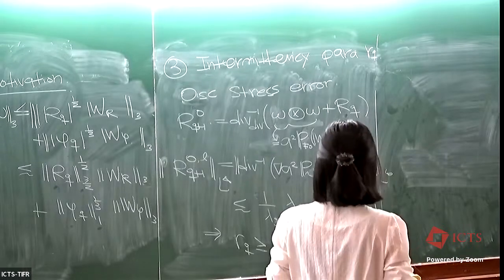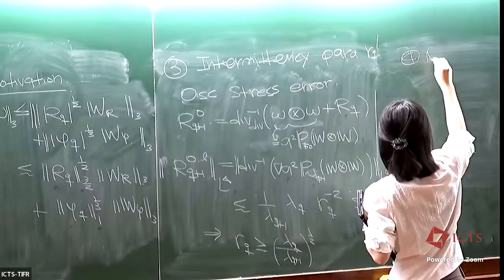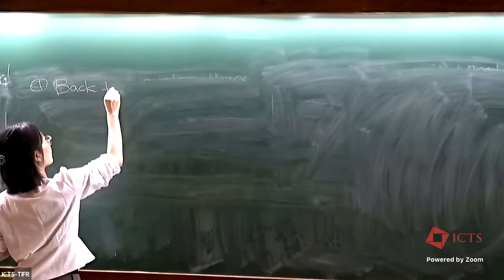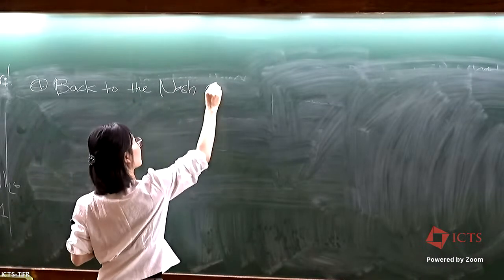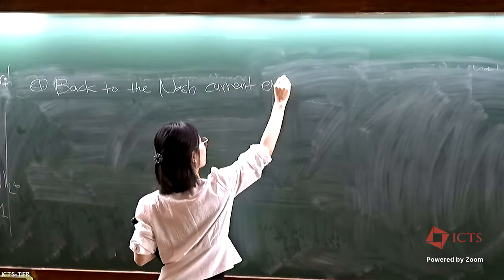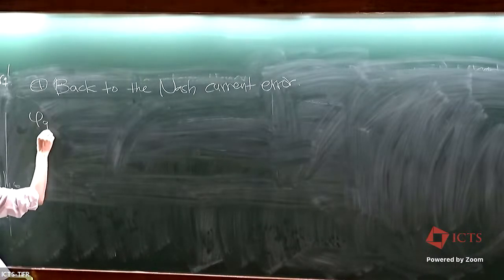All right, so Nash current. The error looks like this, the phi q plus 1 n.